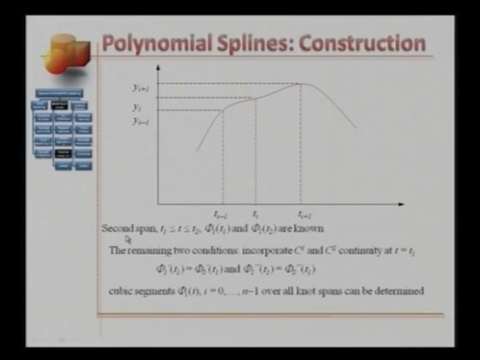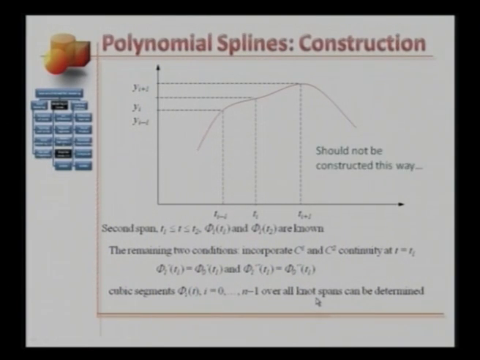So this is a summary of the construction procedure that I had just described on board. In a sense, cubic segments phi i, i going from 0 to n minus 1 over the entire knot span can be determined.